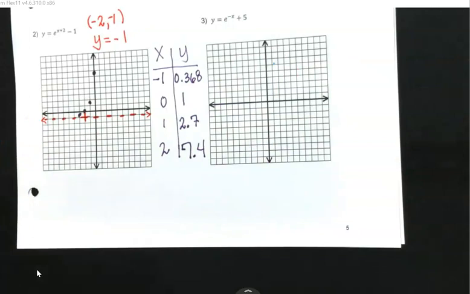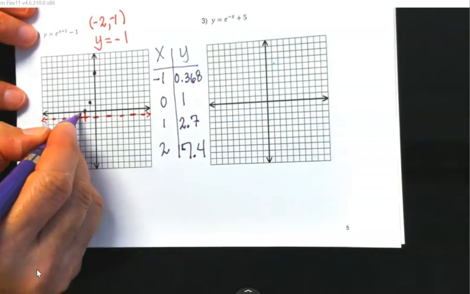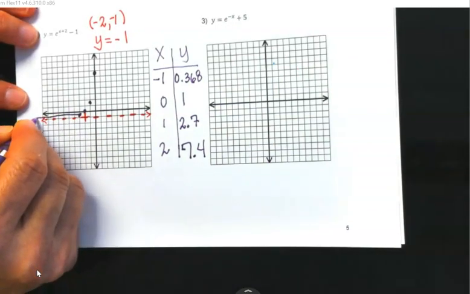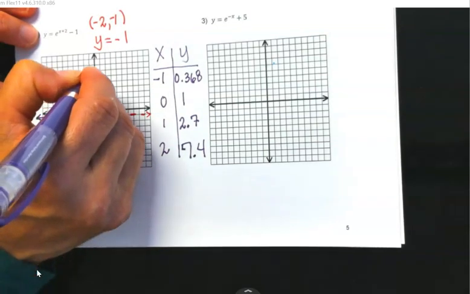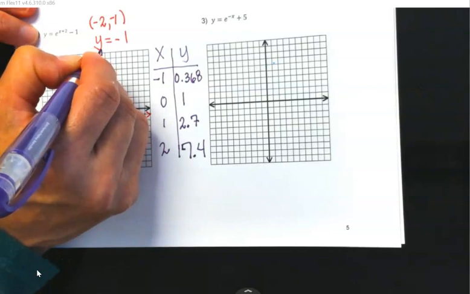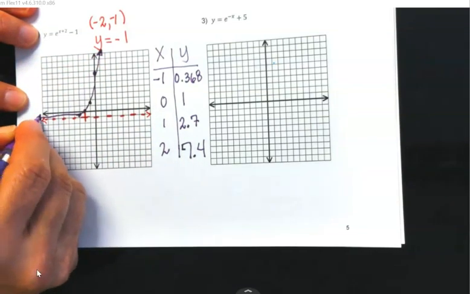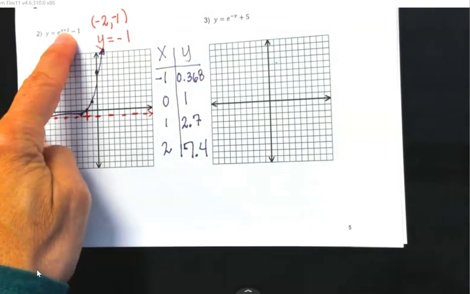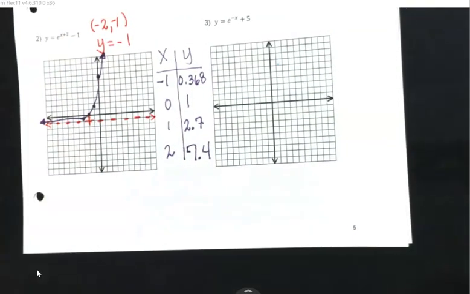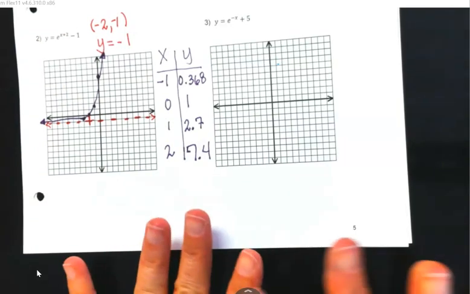All right, so here's the curve. Let's just draw this the best we can. All right, and then that's going to be the function with a base of e that's been translated 2 places to the left and 1 place down. Any questions on that?